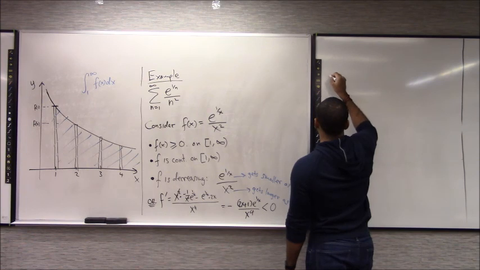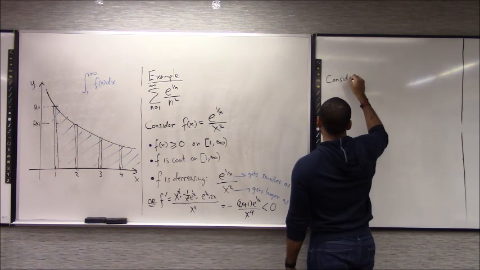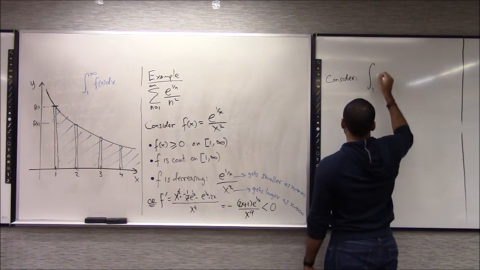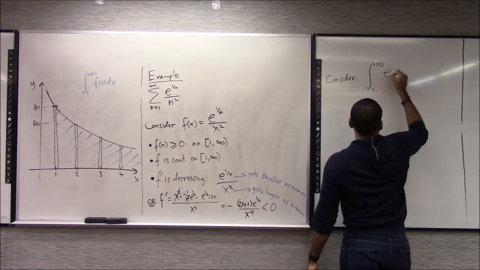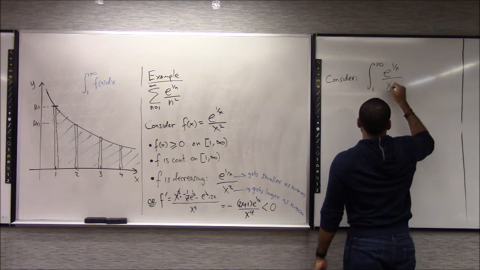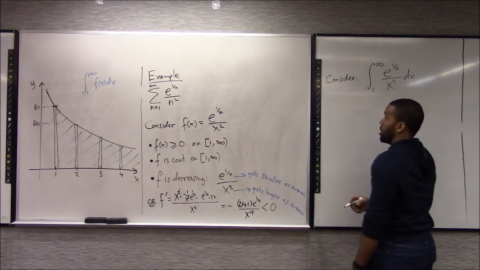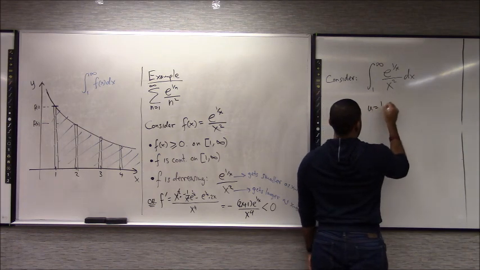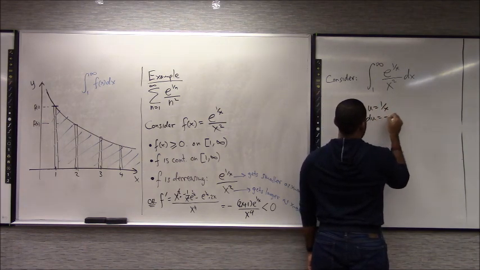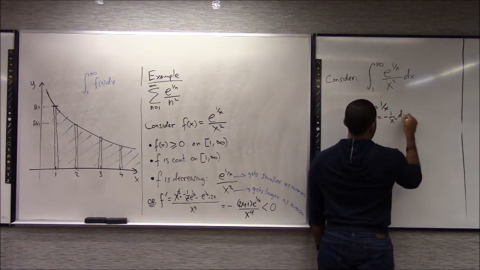So now, if you consider the following integral, 1 to infinity, because I want it to match up to the series. How would I integrate that? u equals 1 over x. Right, u equals 1 over x, your du is going to be minus 1 over x squared dx.